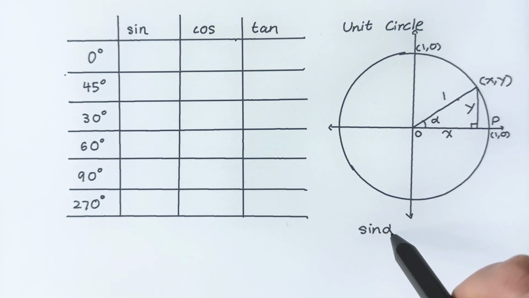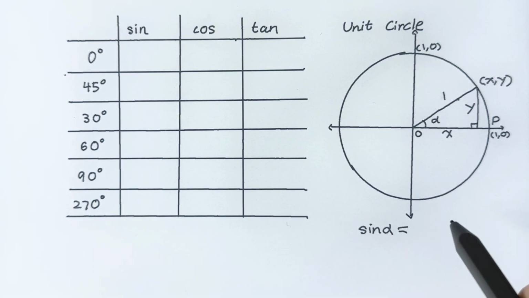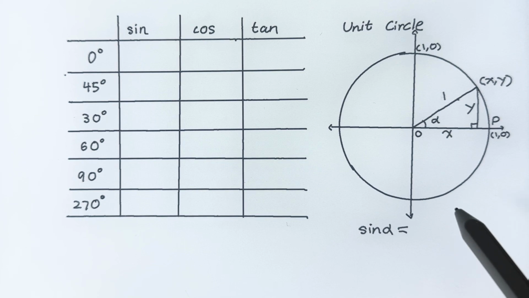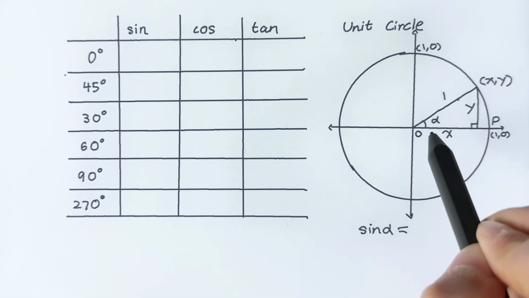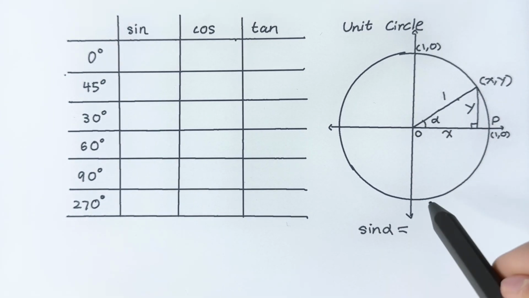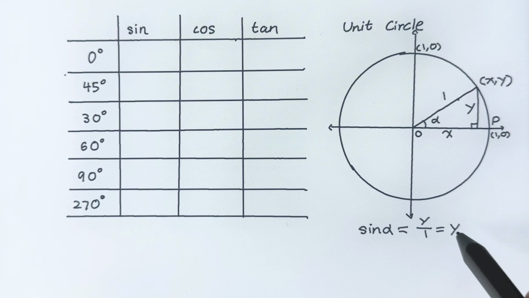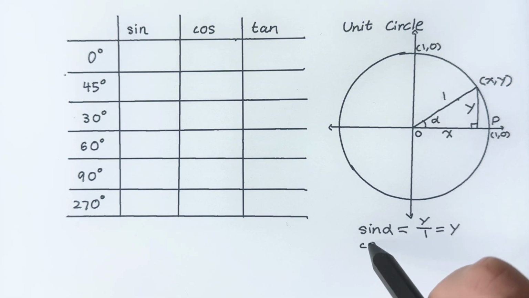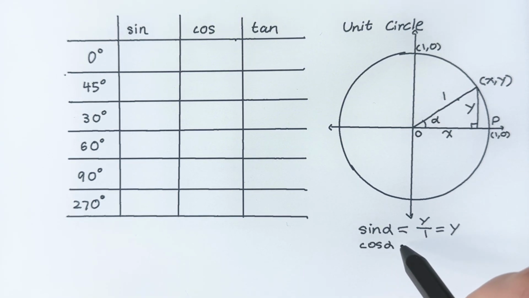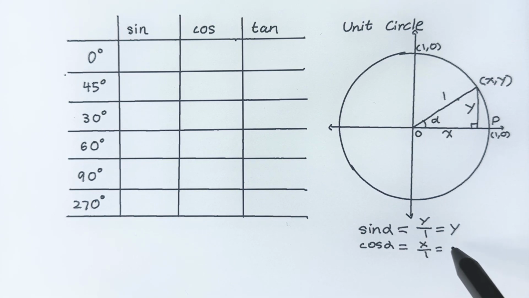Sine alpha equals the opposite over the hypotenuse. That equals y over 1, which equals y. Cosine alpha equals x over 1, which equals x.